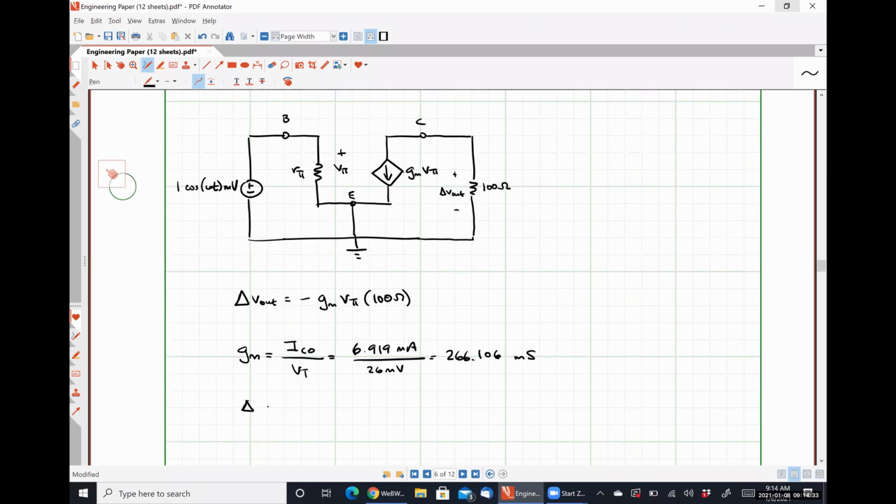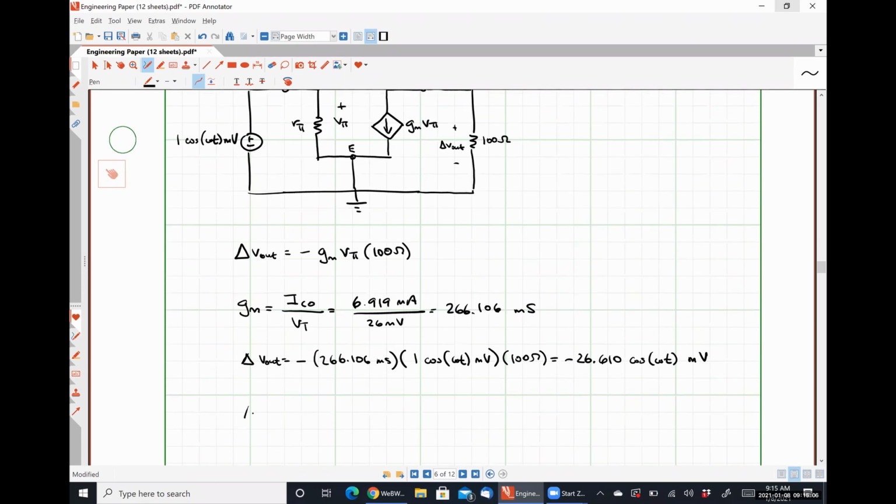And from this, delta V out is negative 266.106 millisiemens times 1 cosine omega t millivolts times 100 ohms, which is equal to negative 26.610 cosine omega t millivolts.